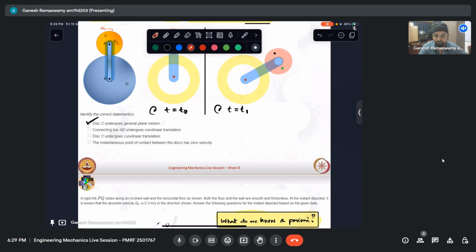We can see that because the point is confined within it. If it were outside, it still will not be curvilinear translation. It will be general plane motion. So I take it that this is clear. So this is clearly incorrect. It is actually undergoing fixed axis rotation.